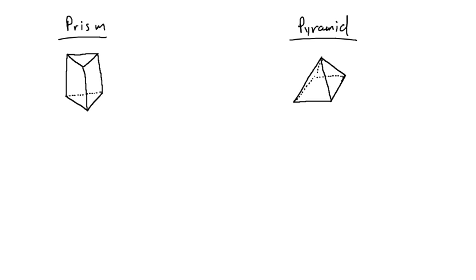Now we're going to go around and we're going to label these things. The first thing we're going to label is the bases. So on our prism, this is a base, and down at the bottom, this is a base. Okay, something to know about bases is that a prism always has two parallel, the symbol means parallel, congruent polygon bases.